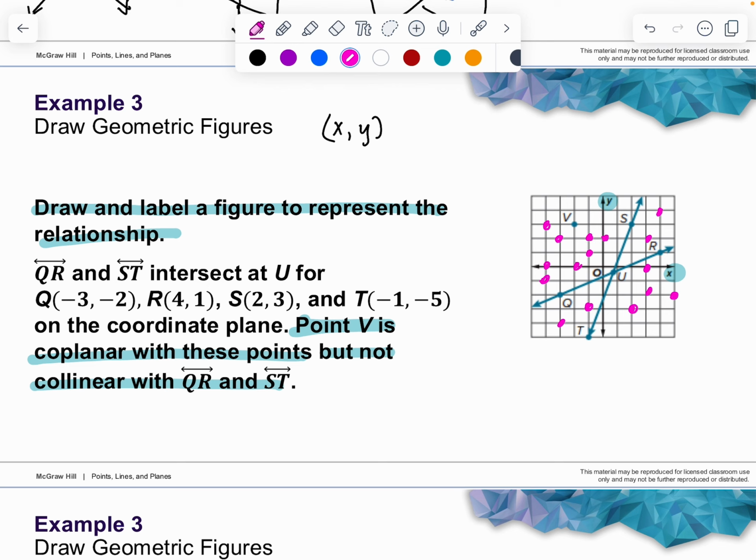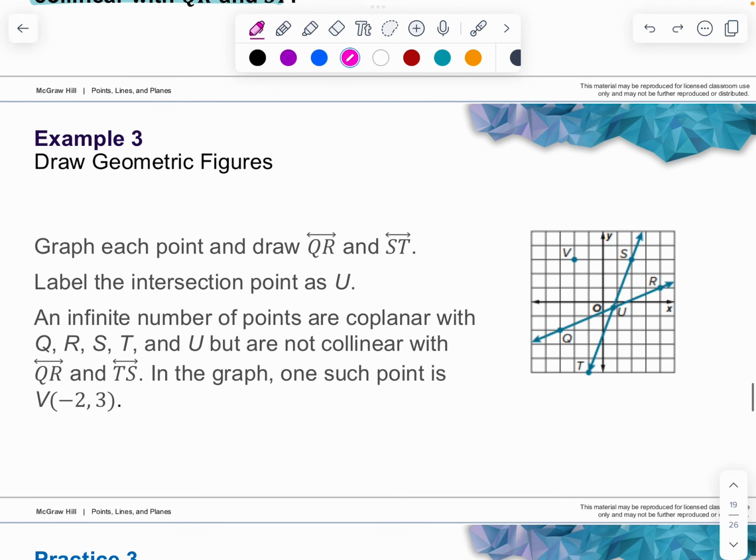Doesn't matter. There's no wrong answer, except for anything on this line or on this line. Those were out of bounds. Okay? So one such point is (-2, 3). That was an acceptable point.